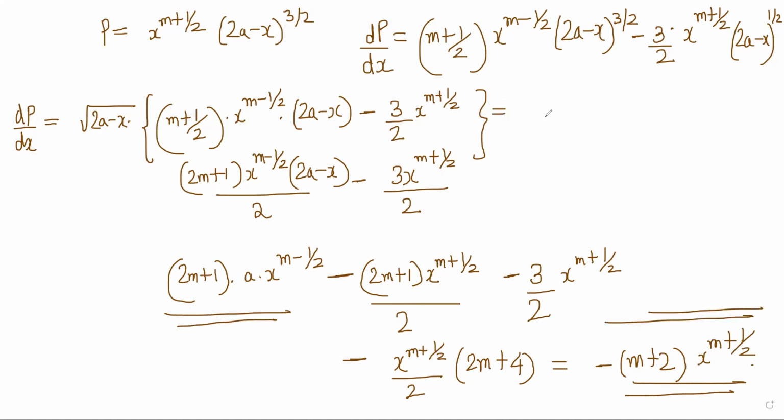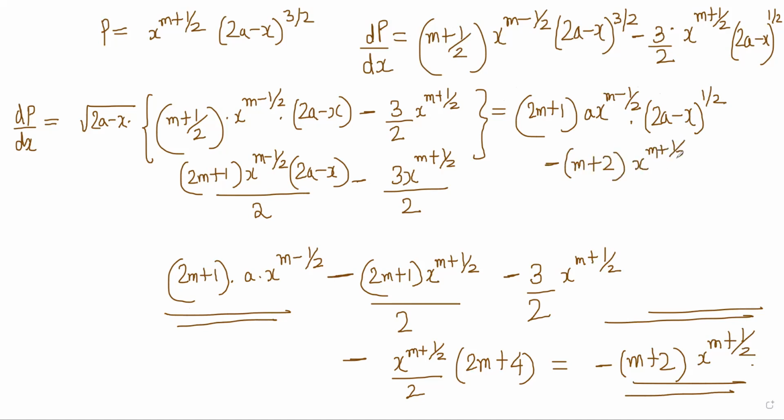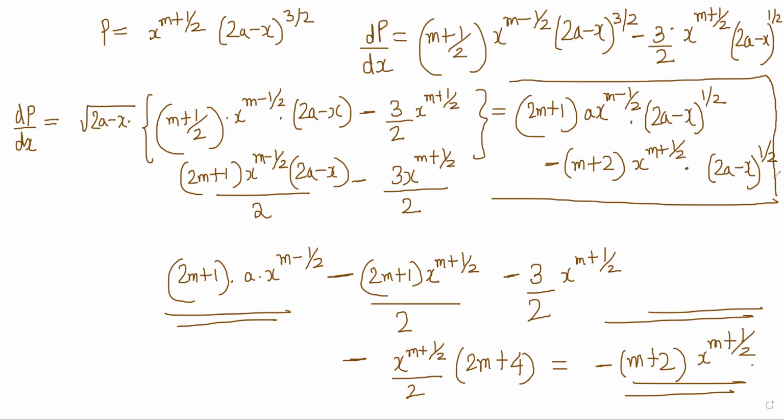So I can write this whole expression now as (2m plus 1) a x power m minus half multiplied by 2a minus x whole power half, minus (m plus 2) and x power m plus half multiplied by 2a minus x whole power half, right? This is the final expression after simplifications, right?